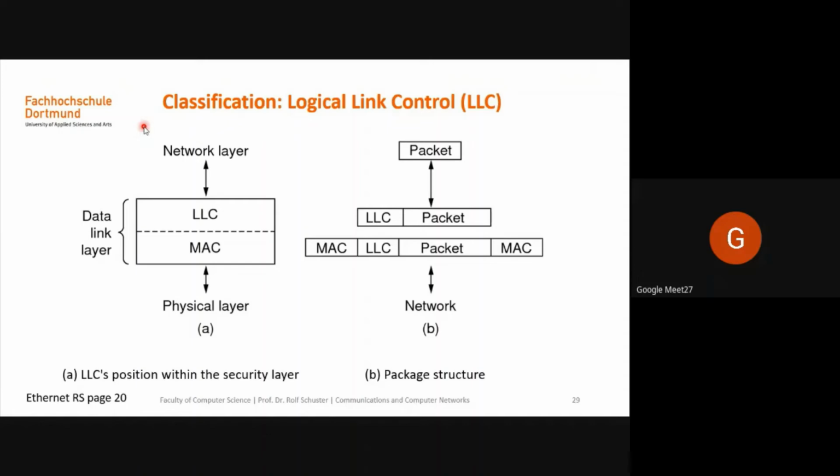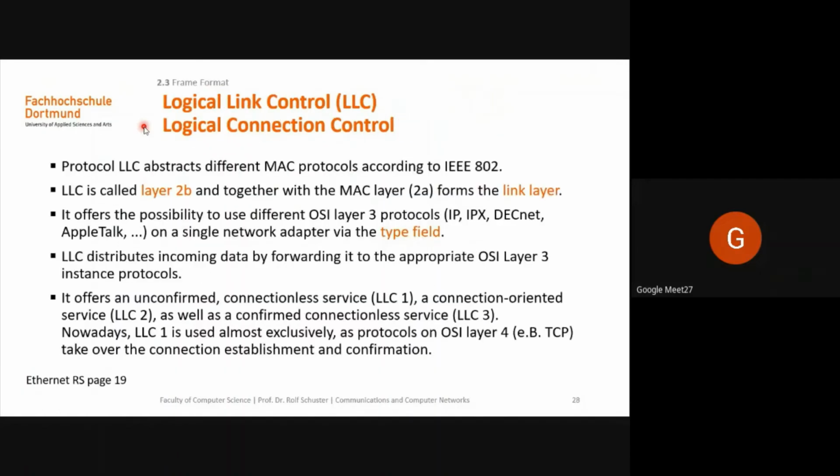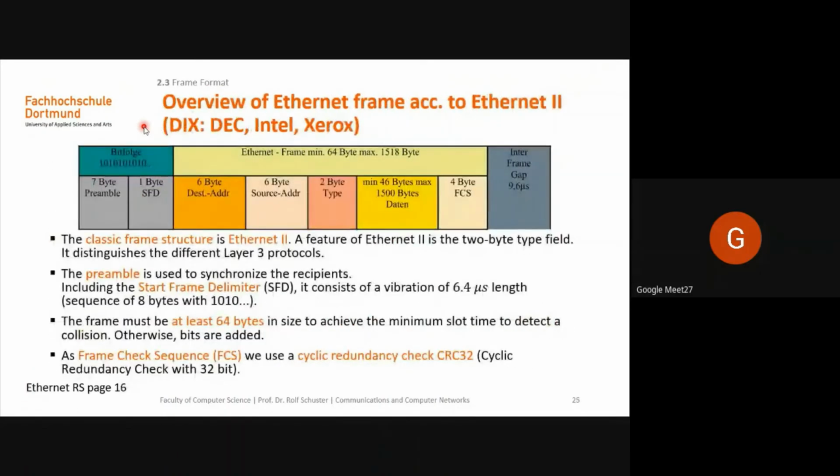We were talking about two different frame formats that could be used within an Ethernet network. But in fact, what you need to know is that the Ethernet 2 frame format is the most used because, for instance, here in the payload, we typically encapsulate Internet Protocol messages, that is IP datagrams, or for instance ARP, Address Resolution Protocol messages.